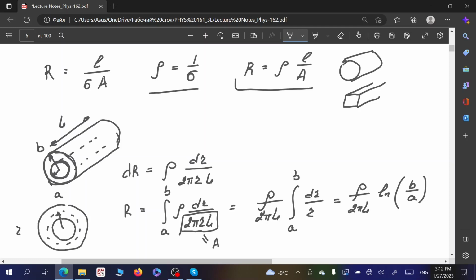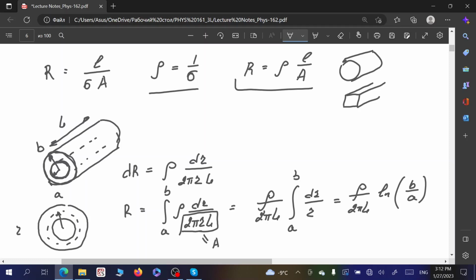So we pick up some random radius, then we consider a very small change of this radius dr. And if we extend this circle inside the conductor, it will create a side area, which is given by this equation. So it will be 2 pi r, which is the circumference of this circle, times the length of the cylinder.